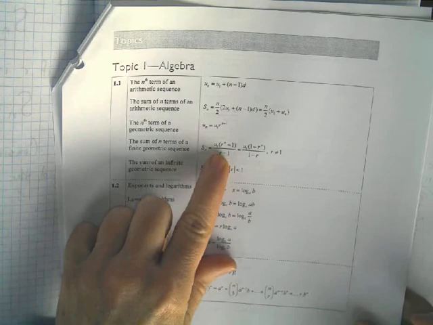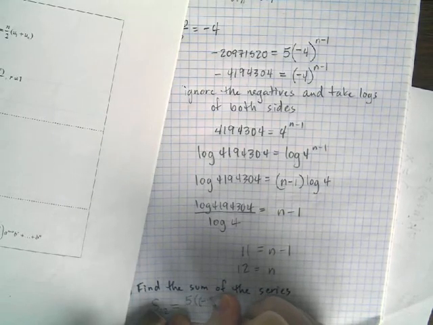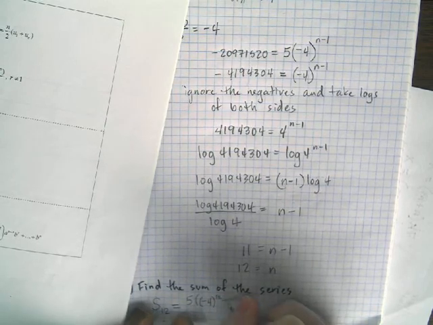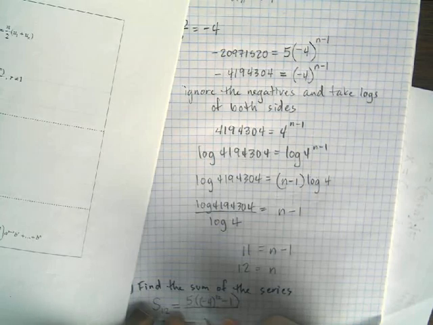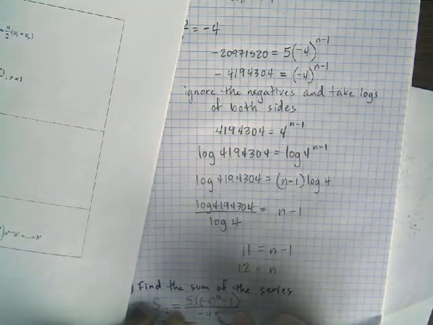Now we're going to go back to our negative 4. That's important. We're going to go back to negative 4 to the 12th minus 1, all divided by r, which is negative 4, minus 1.